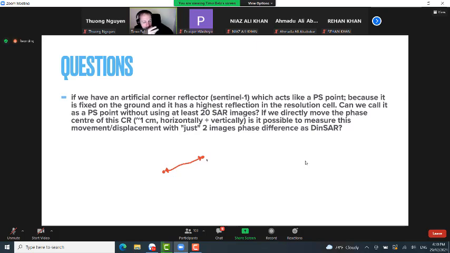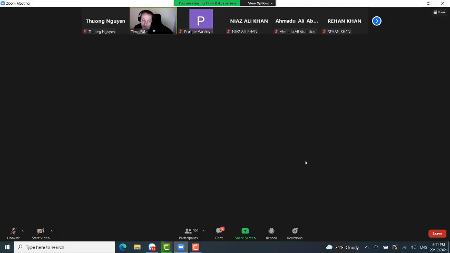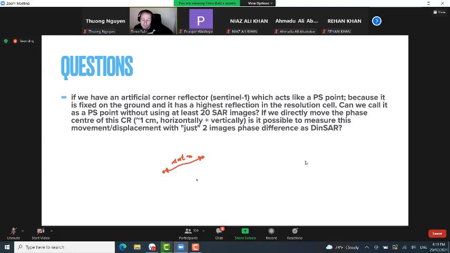You wouldn't need to actually solve for much of that, but what you have between these two is still a difference in atmosphere. So you have a difference in motion and a difference in atmosphere between these two. You can ignore the atmosphere if these two corner reflectors are close together.